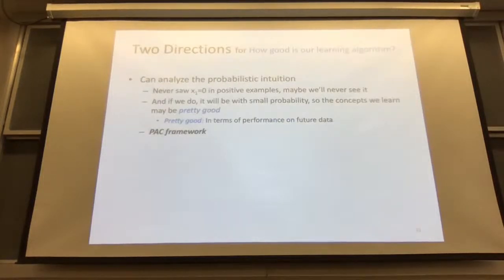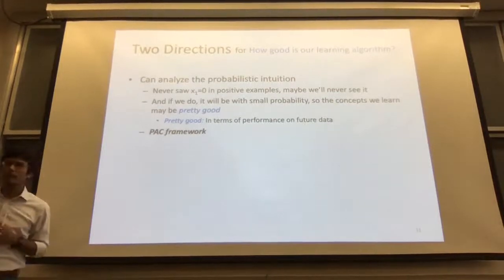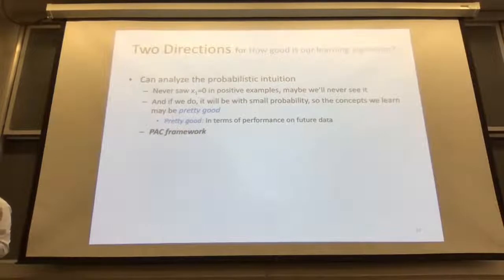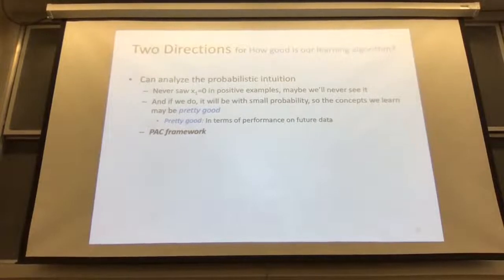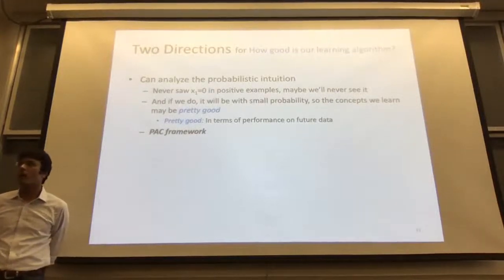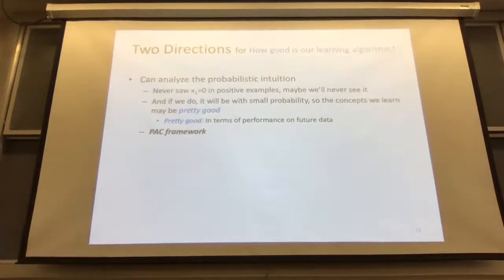And there are two broad styles of thinking that we can pursue. The first one that I'll mention, but that will be the next topic we'll get to, is the probabilistic intuition. The idea is that the large data set that we had, only 8 examples, but let's pretend it was a large data set, which was sampled randomly, did not have X1 always on whenever the label was on.